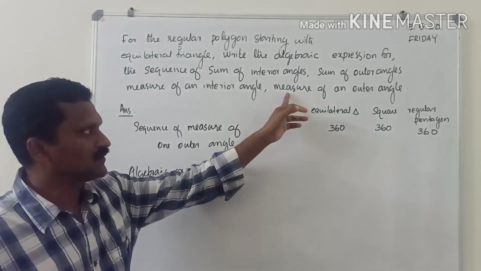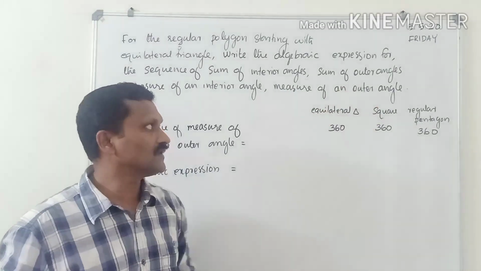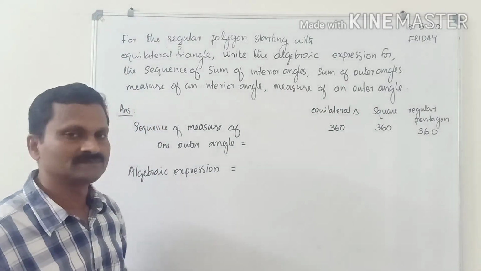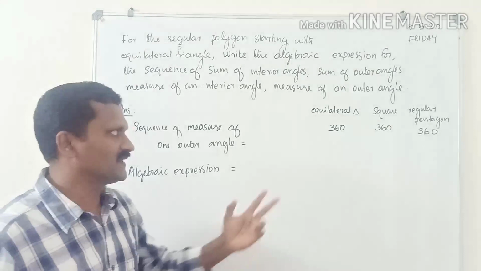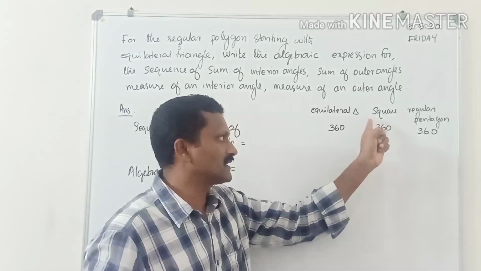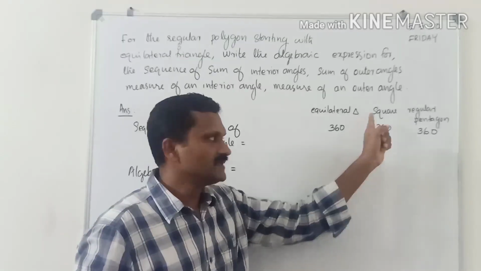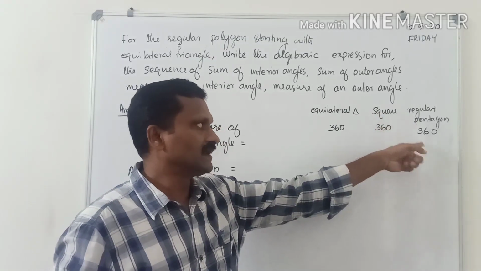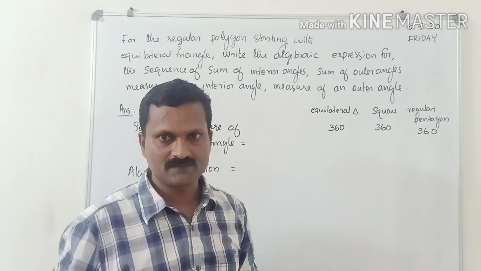Next, sequence of measure of one outer angle. We know that the sum of outer angles of equilateral triangle is 360, square is 360, regular pentagon is 360.